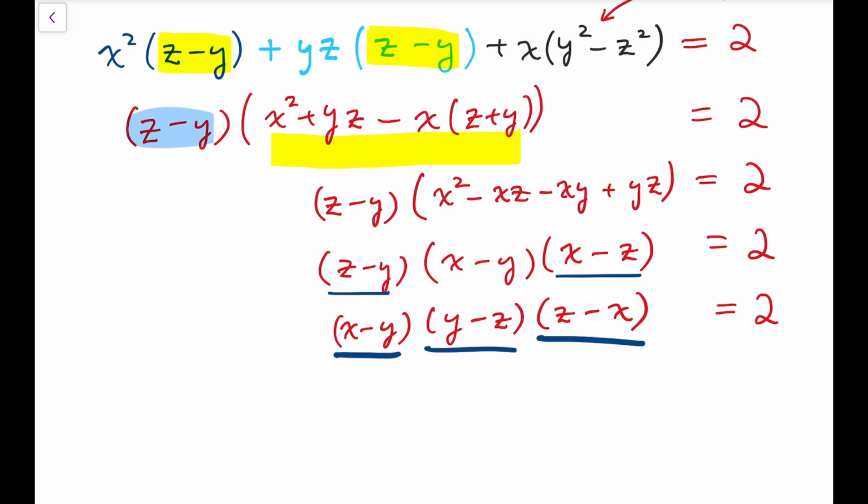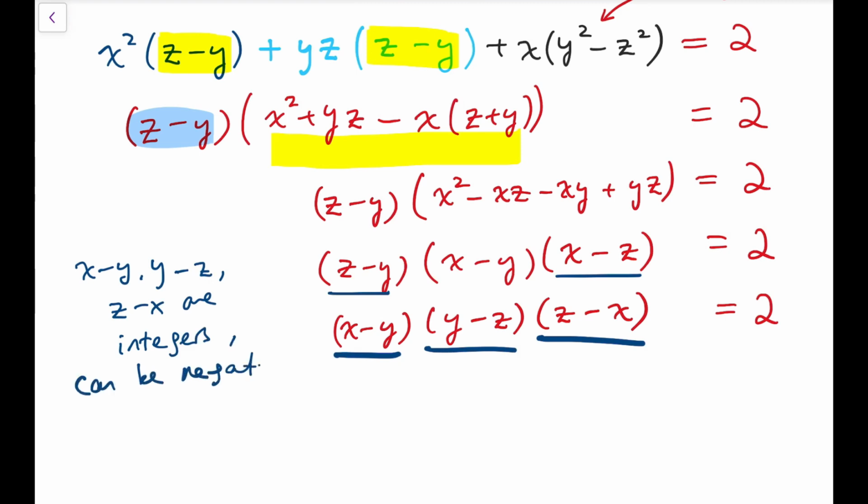When these 3 expressions are added up, the sum is exactly 0. So we are actually asking whether there are integers, x minus y, y minus z, z minus x are integers, that can be negative. This is the main point.